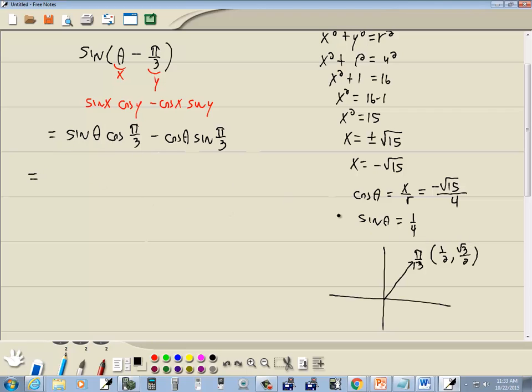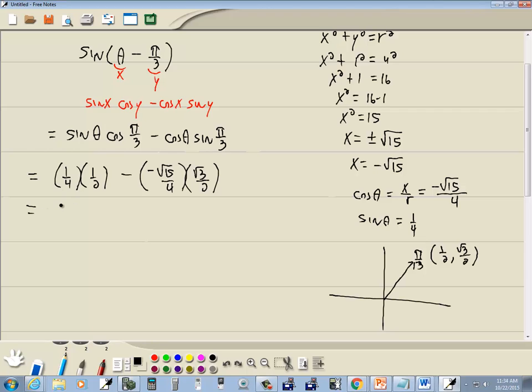So sine theta was given, it's 1/4. Cosine of pi over 3. If I come over here to pi over 3, cosine is the x part of a point, which is 1/2. Minus cosine theta. Well, we just said that was negative square root of 15 over 4. Times sine pi over 3. And here at pi over 3, sine is our y part, which is square root of 3 over 2.